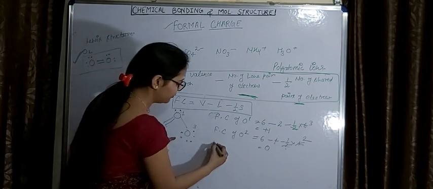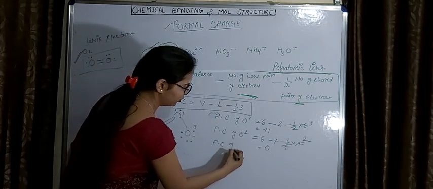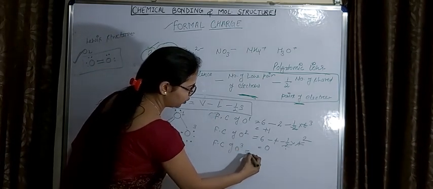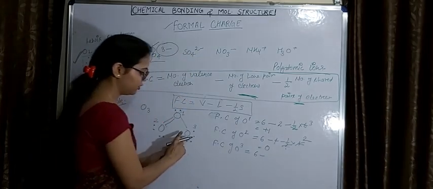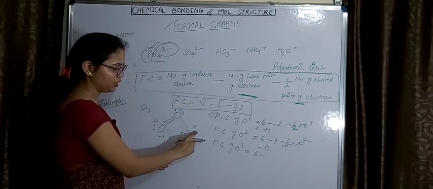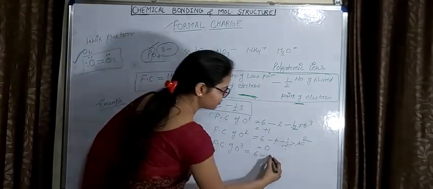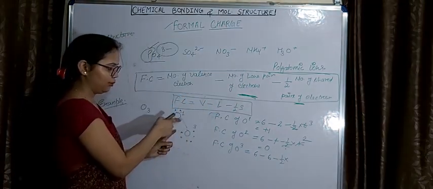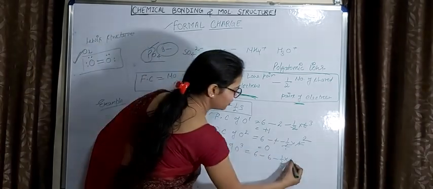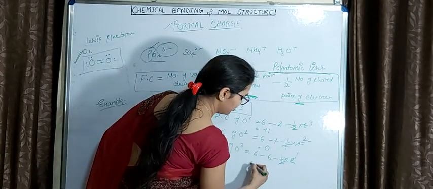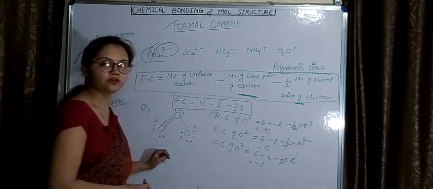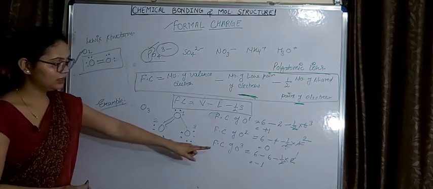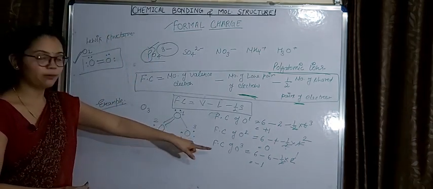Now we will calculate the formal charge of O3. Again 6 minus lone pair 6, minus 1 upon 2 into bond pair 2, minus 1. So we can see here that the formal charge for O3 is minus 1.